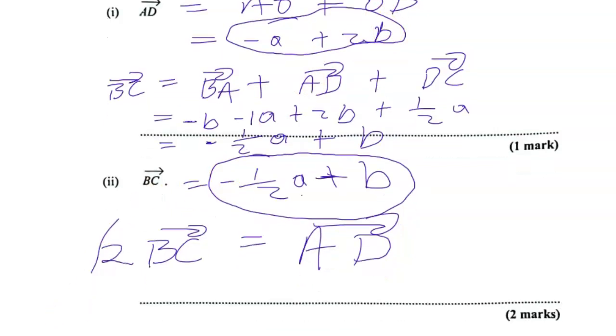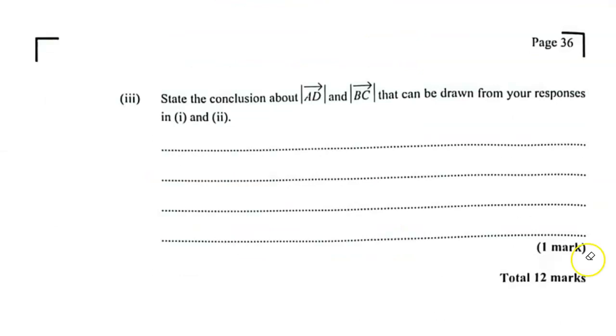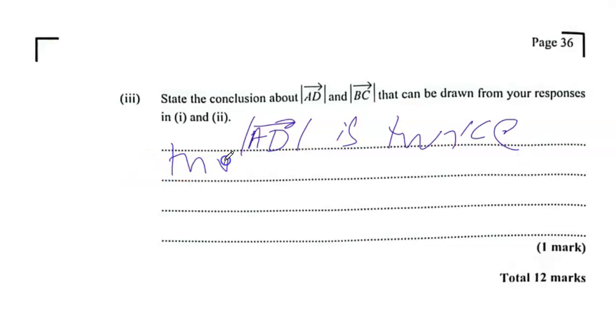So the conclusion about BC and AD, and by the way, this is talking about the length or the modulus, is that AD is twice the length of BC.